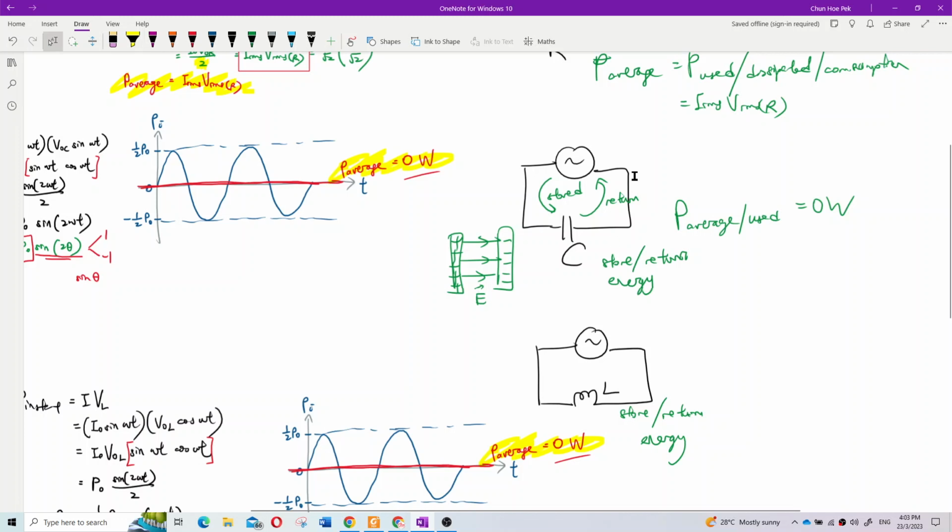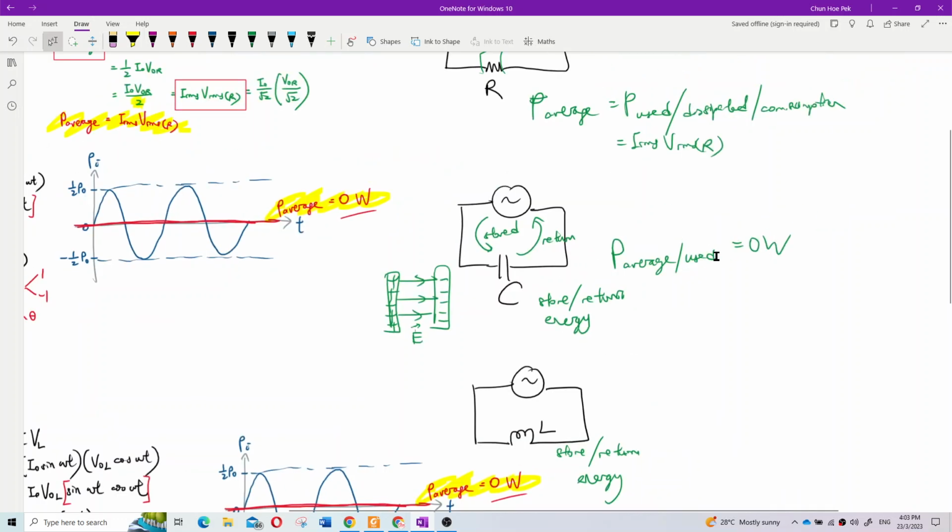When they discharge, they return energy. So when charging and discharging, they do not use up any power. Power is continuously stored and returned. On average, no power consumed, no power loss, no power dissipated.